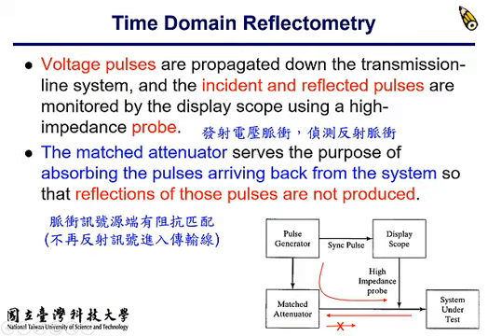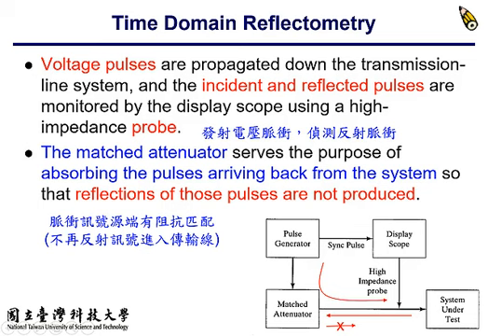So what will happen? What happened within this circuit? So first, the pulse generator will provide some voltage impulse, and you will use the oscilloscope, the display, to detect the reflected signal.